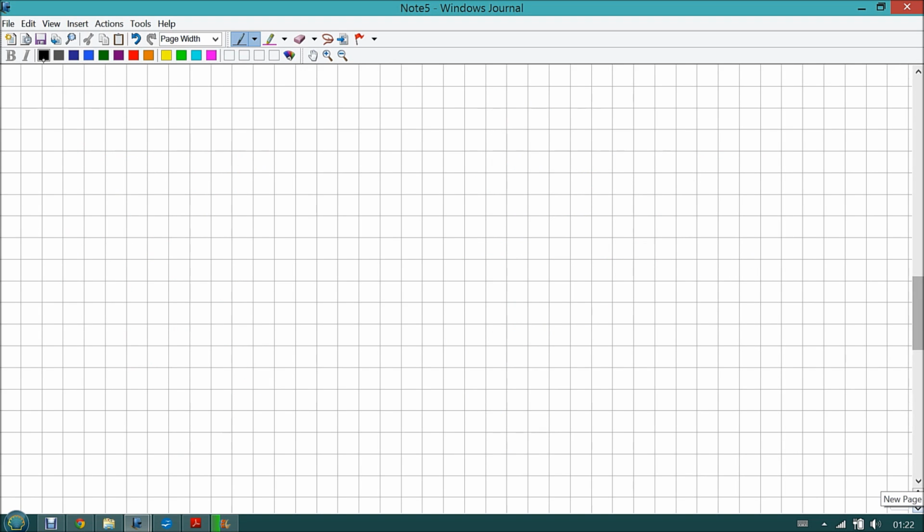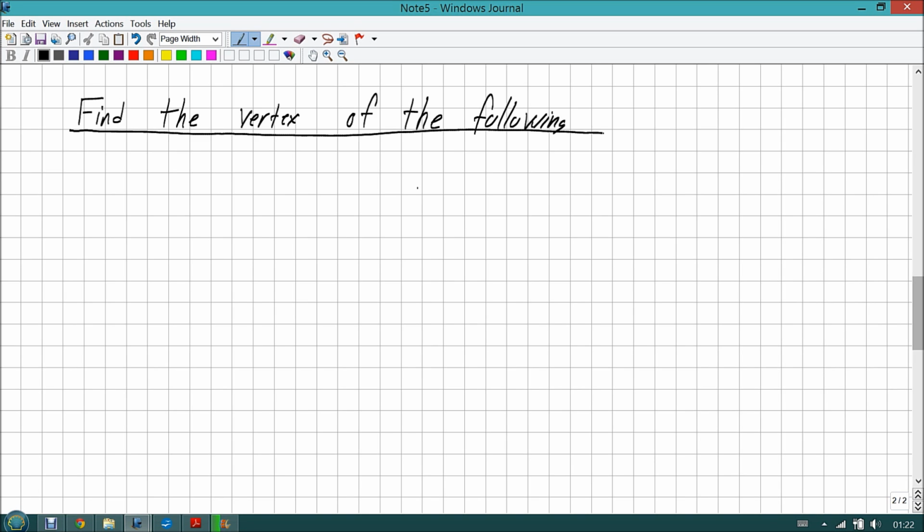Alright, so here's what I want you to do. I want you to find the vertex of the following. And yes, there's going to be a lot of them, mainly because this skill is uber useful. So I highly recommend that you get a lot of practice on it. So here we go.